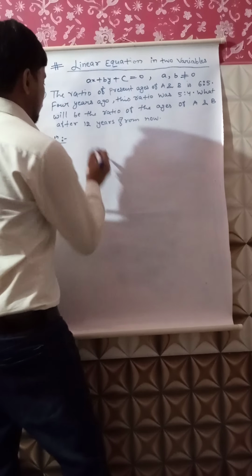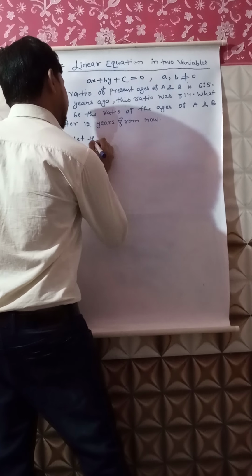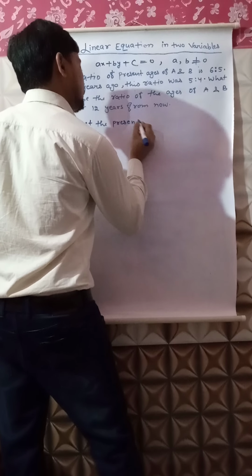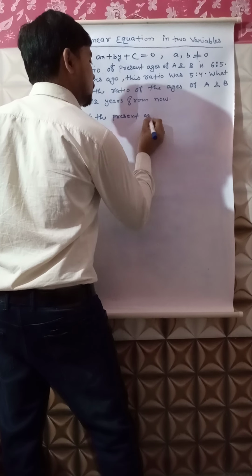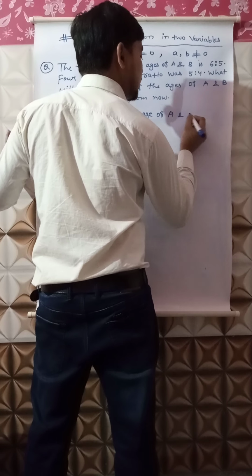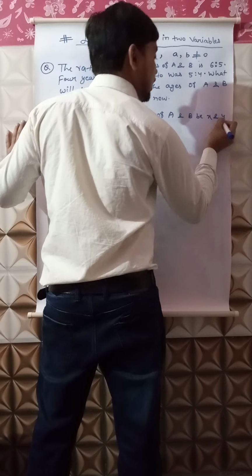Now we are dealing with linear equations in two variables. So we are going to deal with this question by taking two variables. So let the present ages of A and B be x and y.